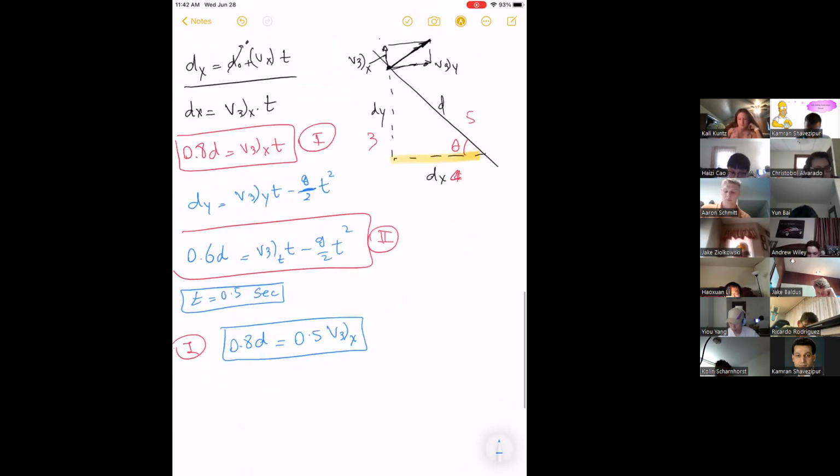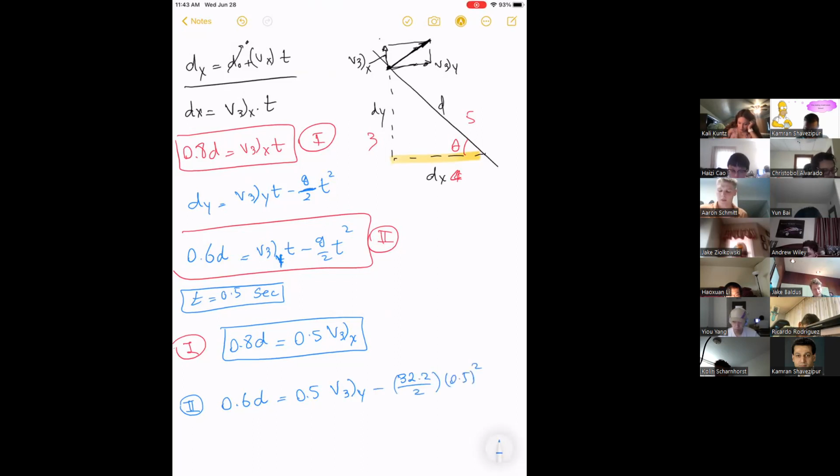In the second one, you're going to get 0.6d equals 0.5 v3y minus 32.2 by 2 times 0.5 squared.